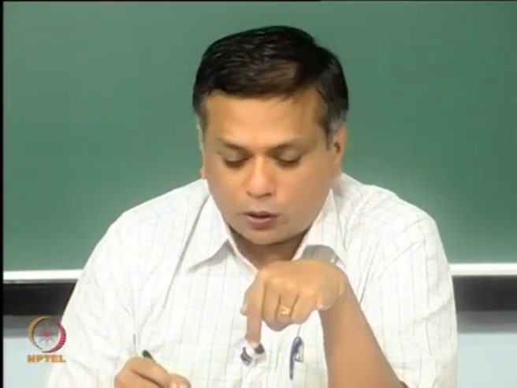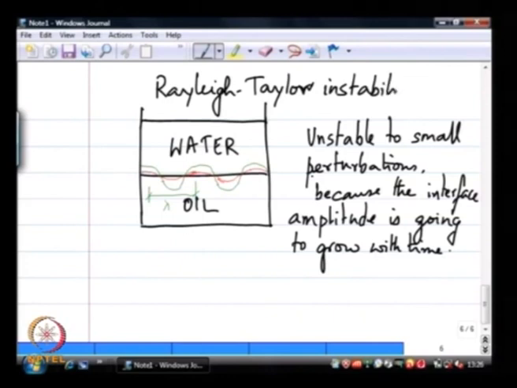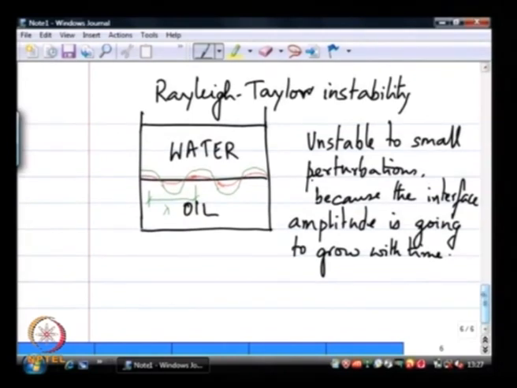Now, this kind of an instability is not something that is new. It was discovered back in the mid 1800s and it goes by the name Rayleigh-Taylor instability. We are only going to talk about this in a physical sense for now, but we will come to the mathematics shortly.